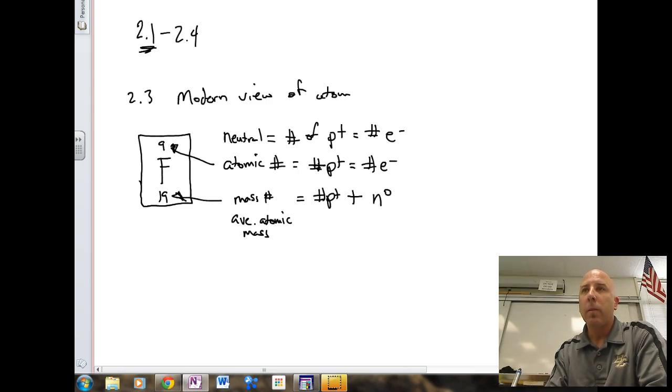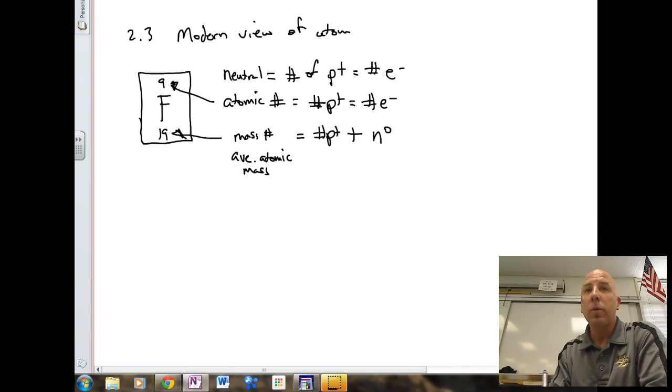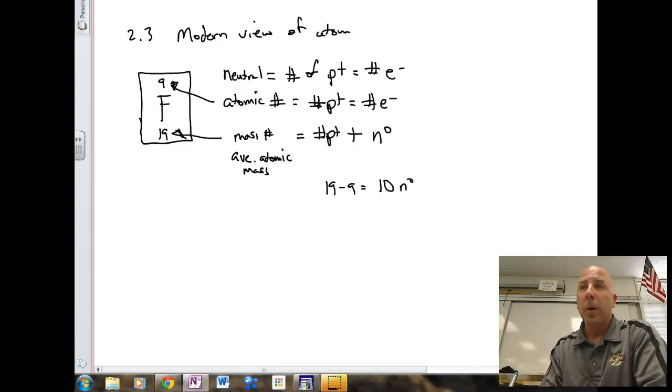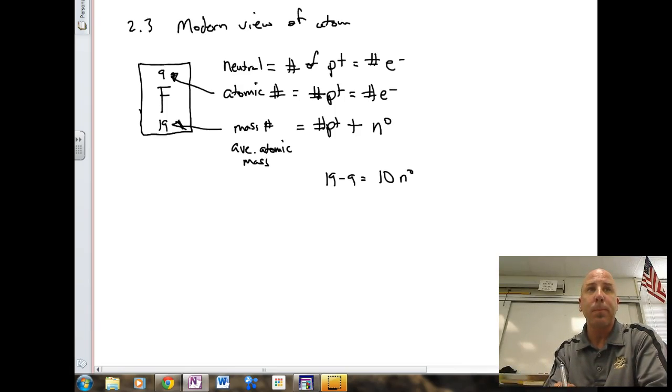So if we ever have to calculate the number of neutrons, we know that the atomic number is equal to the number of protons, and if the mass number is equal to the number of protons plus the neutrons, we just subtract. So in the case of fluorine, we would take 19 minus 9, and that would give us 10 neutrons. So neutrally charged particles. So we would say that fluorine has 9 protons, 9 electrons, and 10 neutrons in a neutral atom of fluorine.